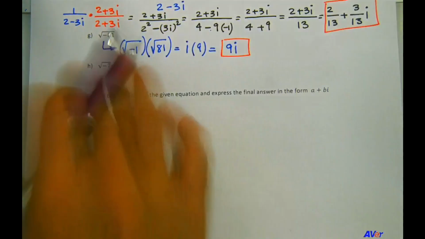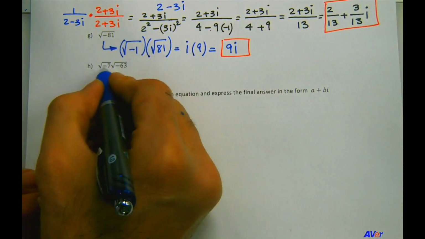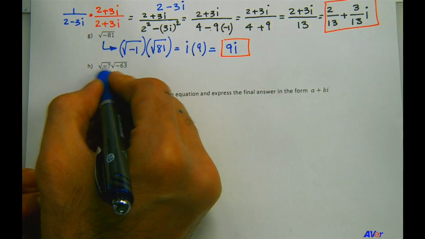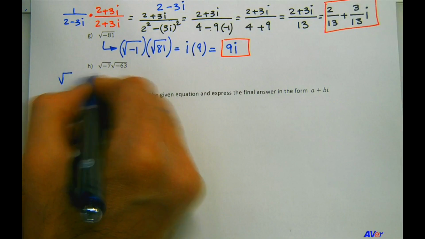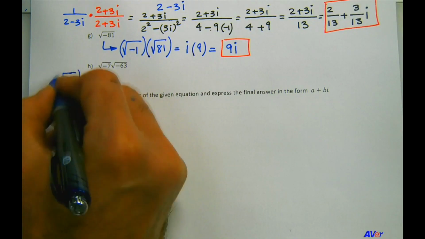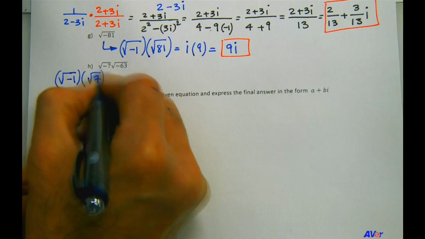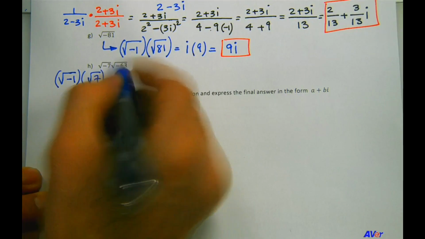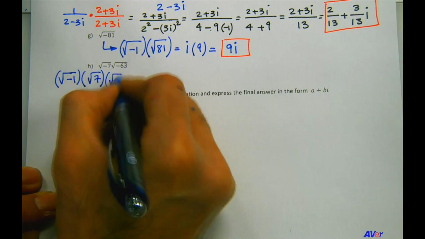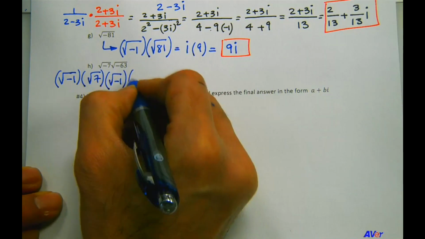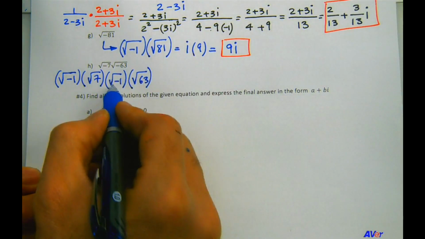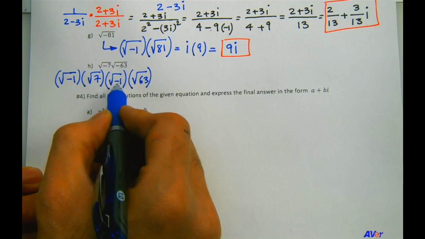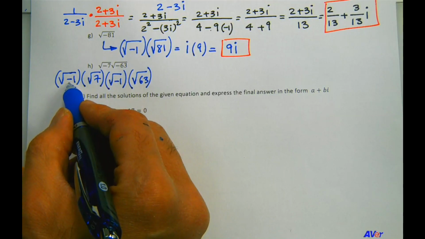Part H, again, let's separate these square root of negative 1 from this. So we have square root of negative 7 is square root of negative 1 times square root of 7. Square root of negative 63 can be written as square root of negative 1 times square root of 63. So we have square root of negative 1 times square root of negative 1, right?